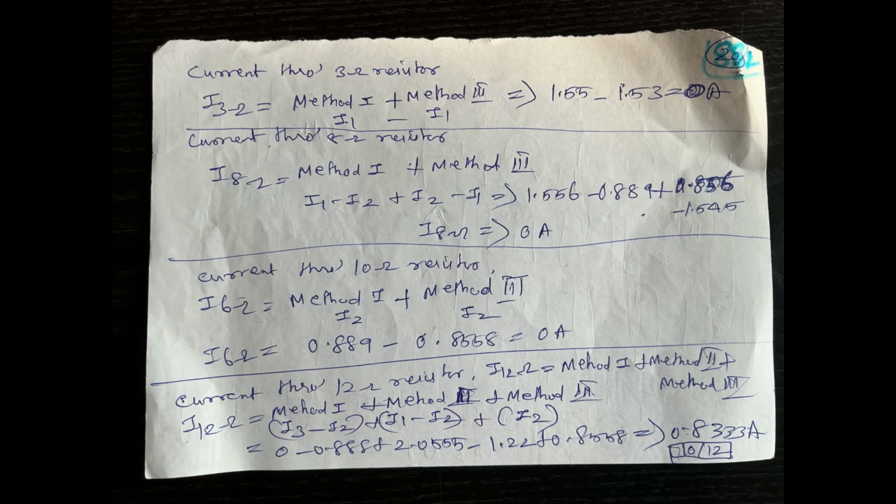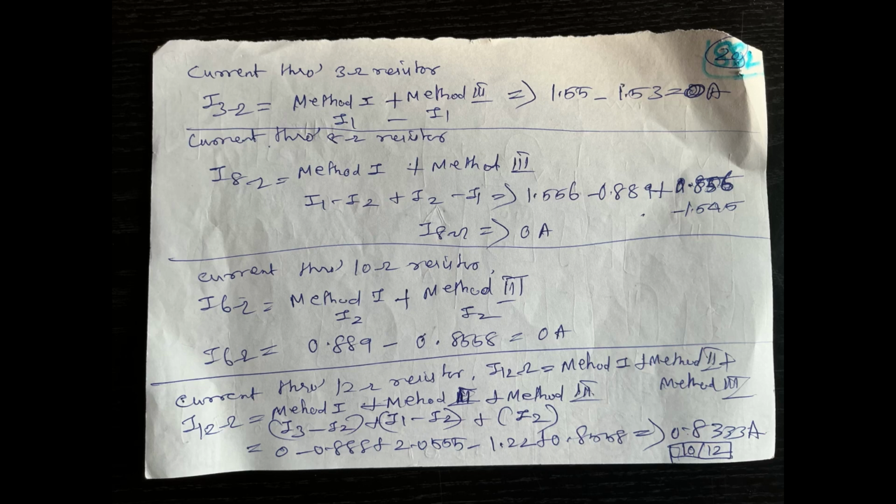The current through the 6 ohm resistor depends on method 1 and method 3 I2, so it is method 1 I2 plus method 3 I2.